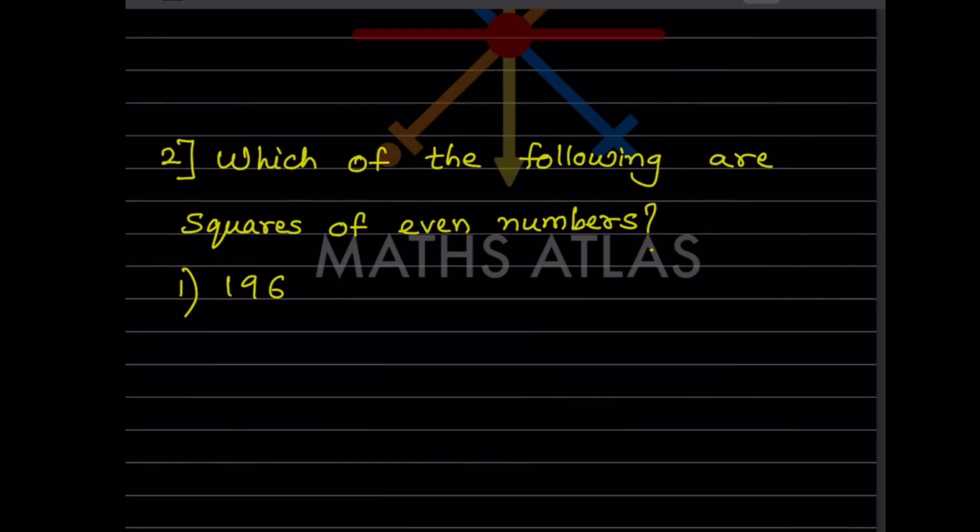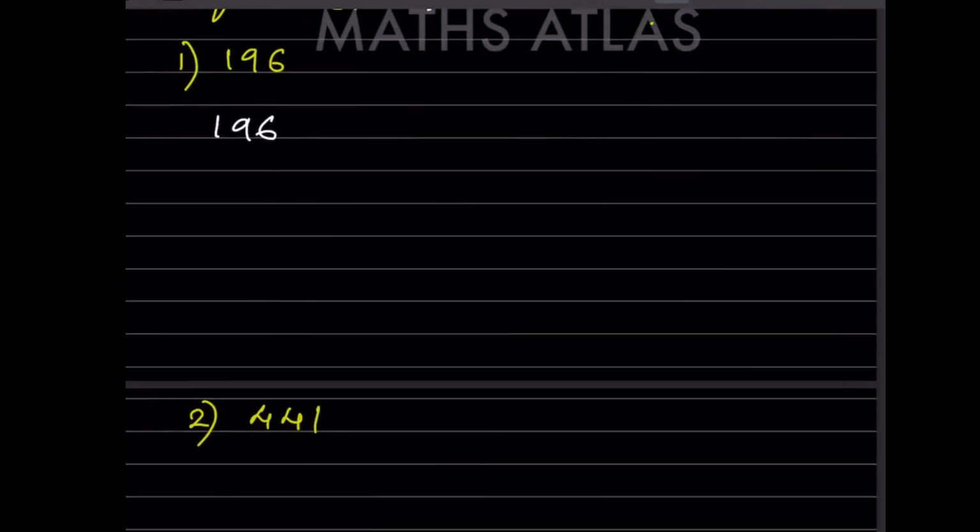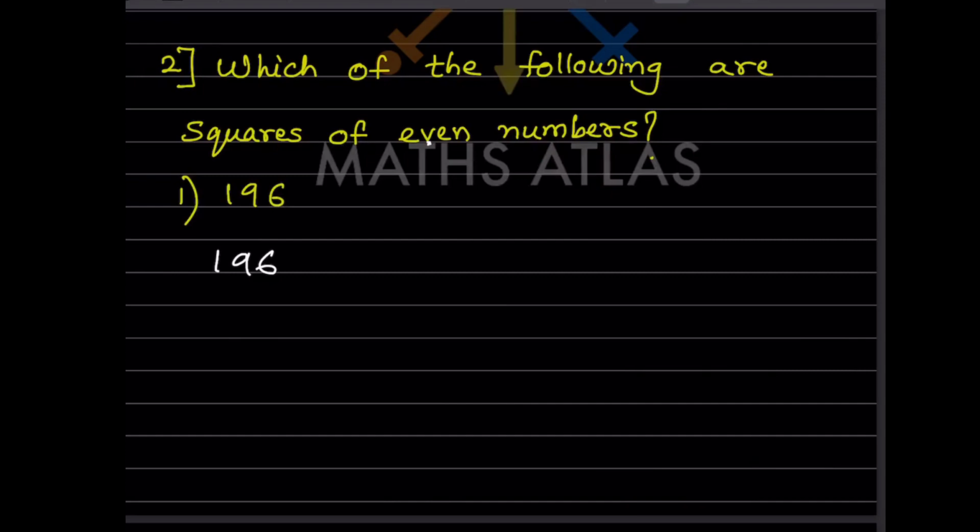Actually, here we know the square of an even number is always an even number. So here we can say 196 is the square of an even number.